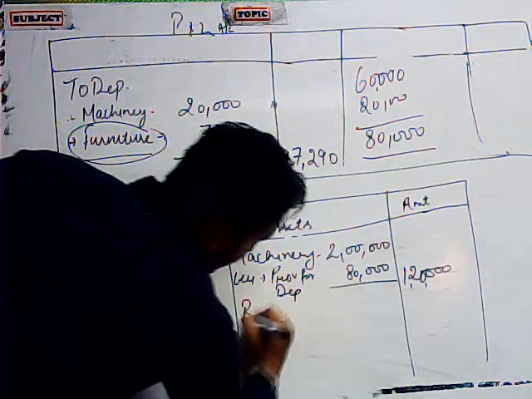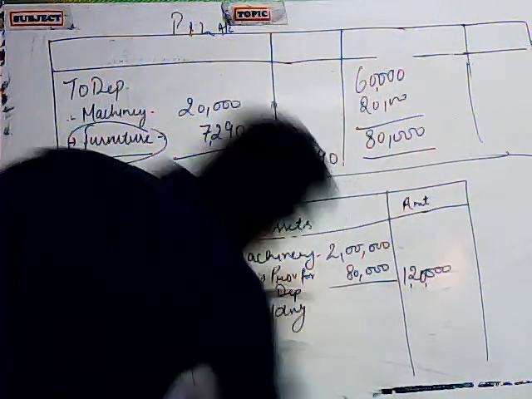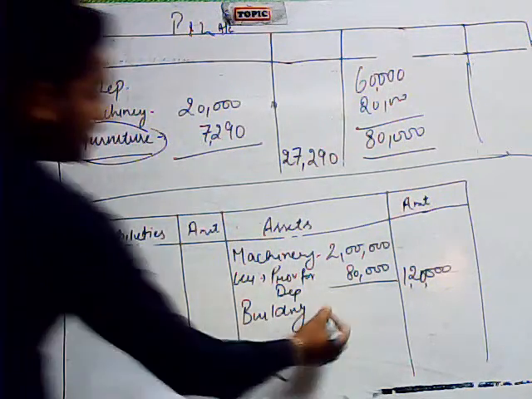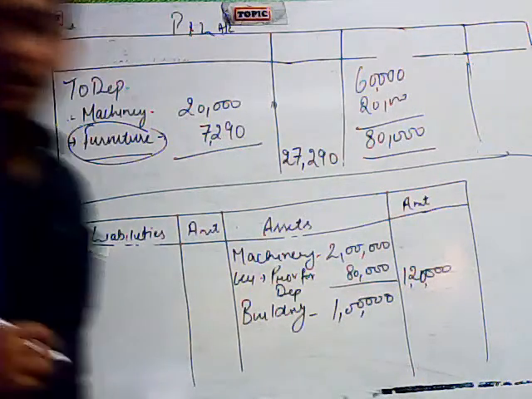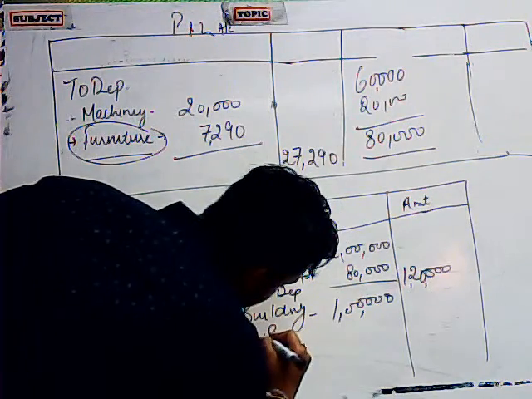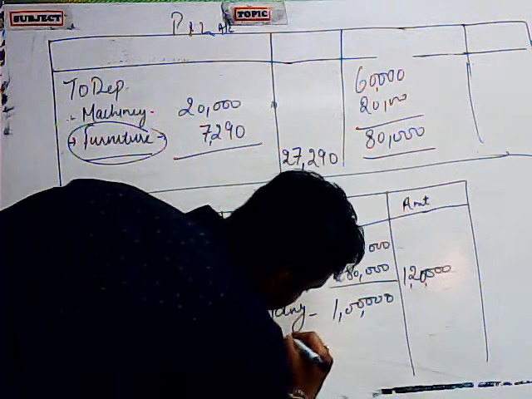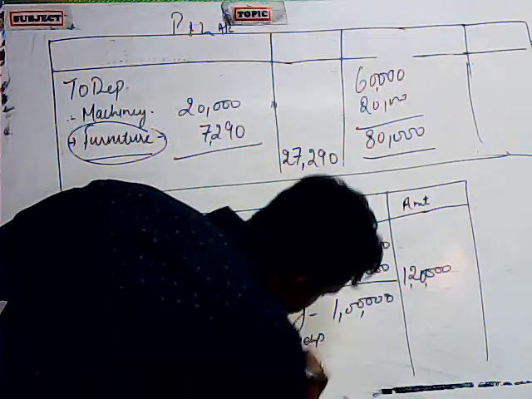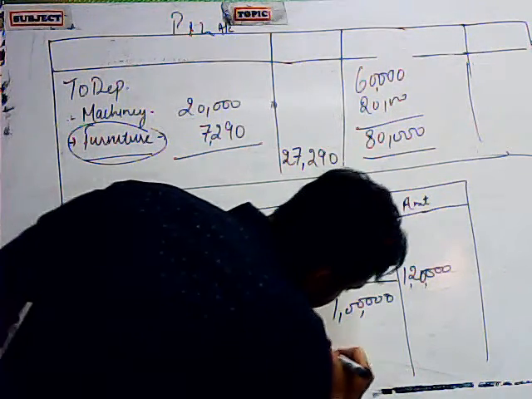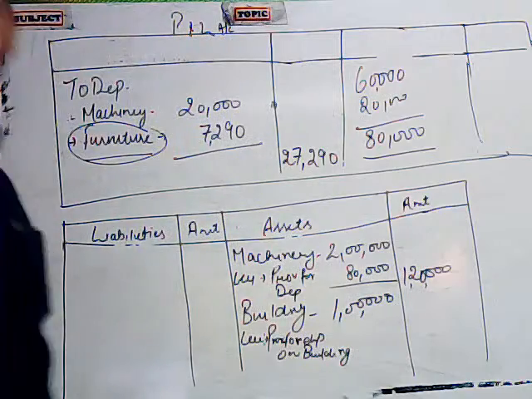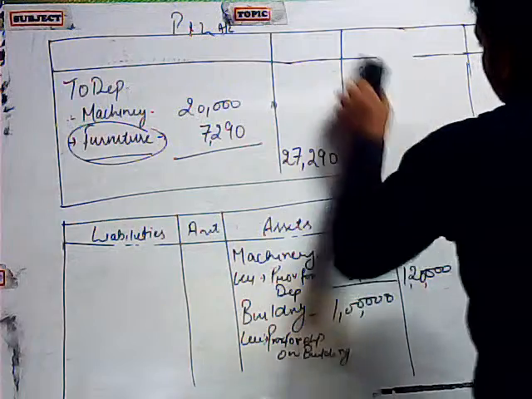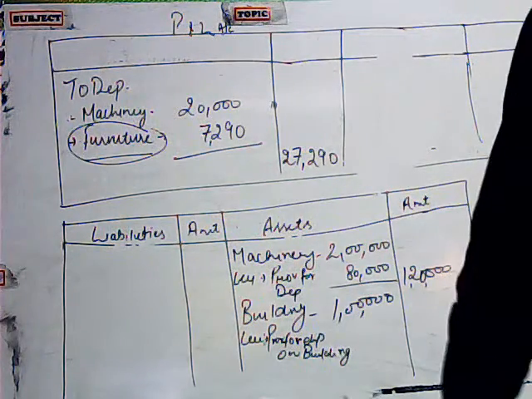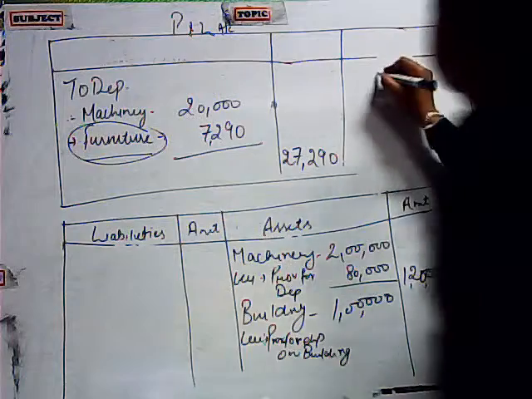Same in the case of building. The value of building at that time was 1 lakh rupees. Clear? Less provision for depreciation on building. Once again, in your trial balance, the old value of provision is 27,100.